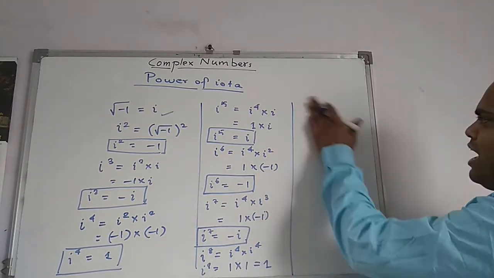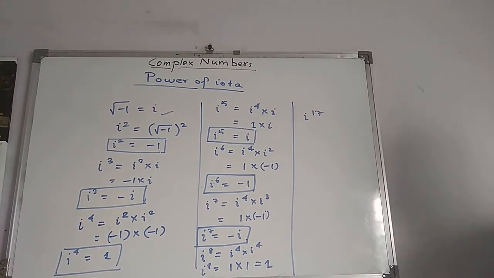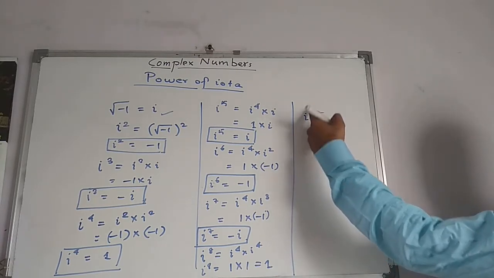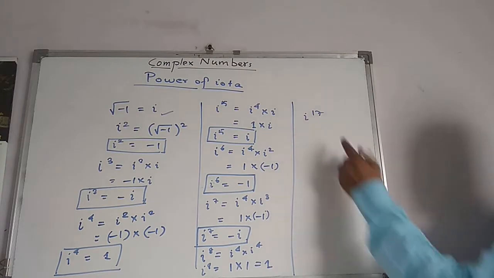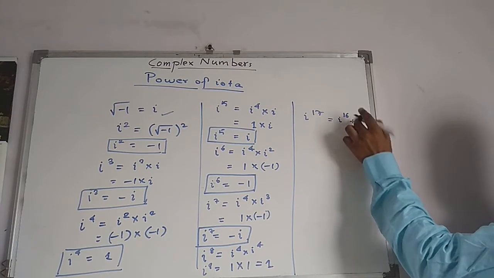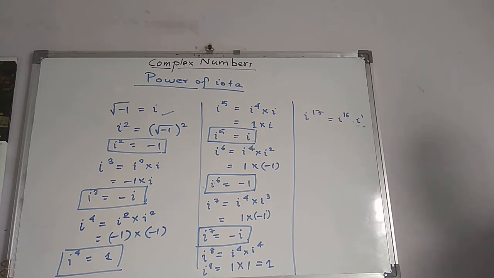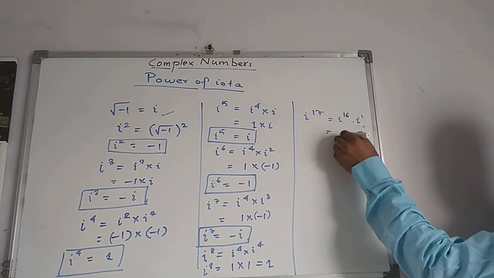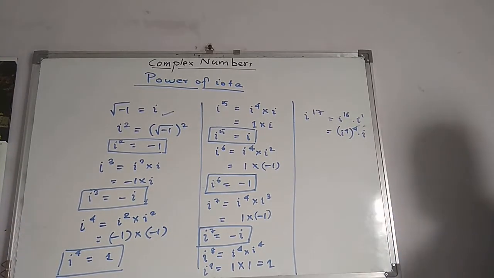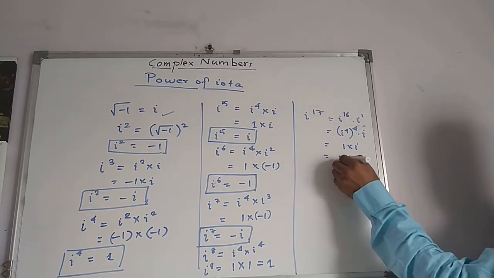Okay. Suppose we have iota raised to 17. We can write the power in terms of the nearest multiple of 4. So we can write iota raised to 16 multiplied by iota raised to 1. Iota raised to 16 can be written as iota raised to 4 to the power 4, multiplied by iota, and iota raised to 4 is 1 multiplied by iota, which is equal to iota.